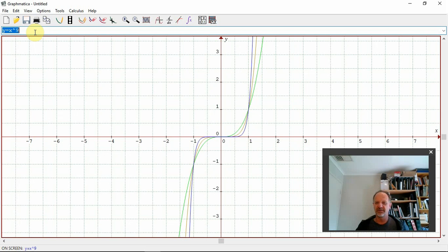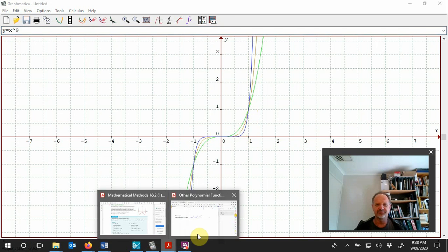Again, for our odd ones, they all start down the bottom left and finish at the top right. They've all got this point of inflection in the middle here. They all go through negative 1, negative 1, and they all go through 1, 1. And again, the bigger the power, the flatter here and the squarer there that it gets.